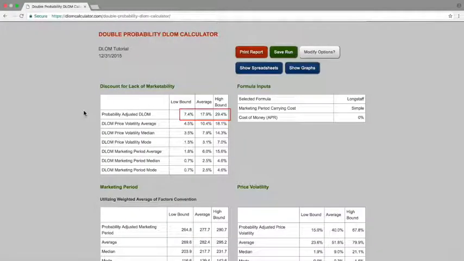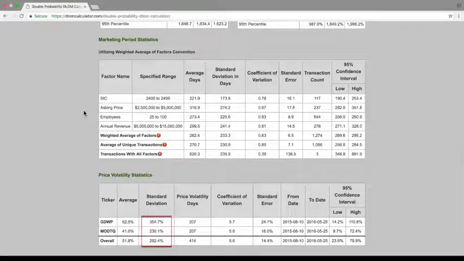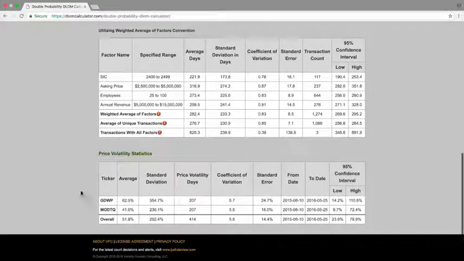These data result in a probability-adjusted DLOM of 17.9% with a low bound of 7.4% and a high bound of 29.4%. The GDWP and MODTQ group has a much greater range of probable DLOM results because the standard deviation of price volatility of these stocks is much greater than for a group consisting of LPX, DEL, and NOBH, as reflected in the respective coefficients of variation, 5.6 versus 1.4 respectively.